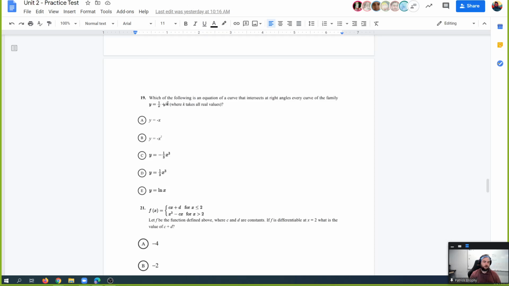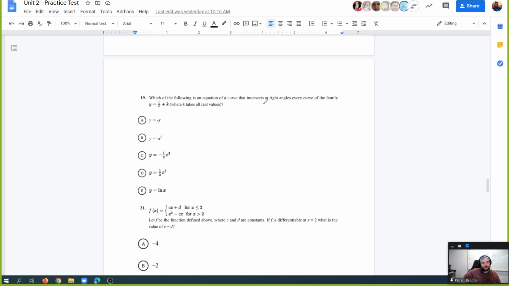19. Let's go check this. So the following is an equation of a curve that intersects at right angles every curve of the family. What?